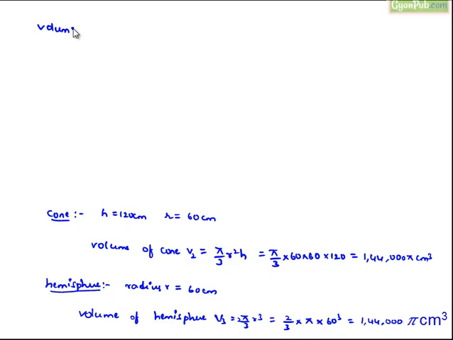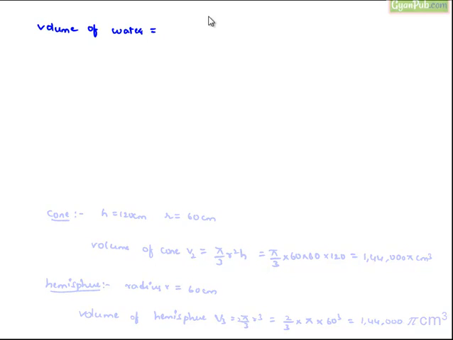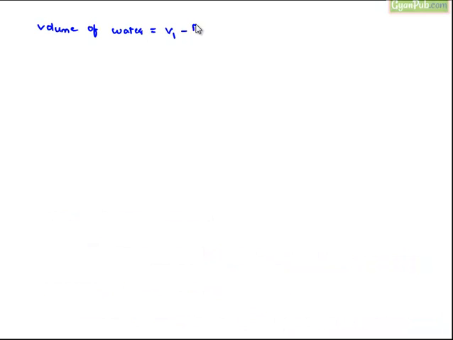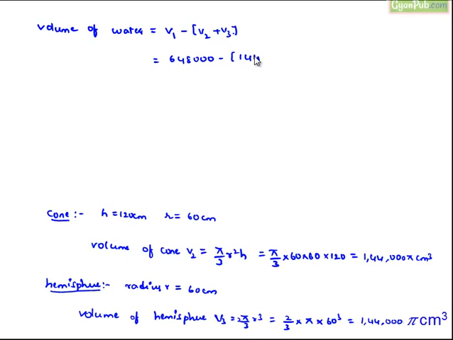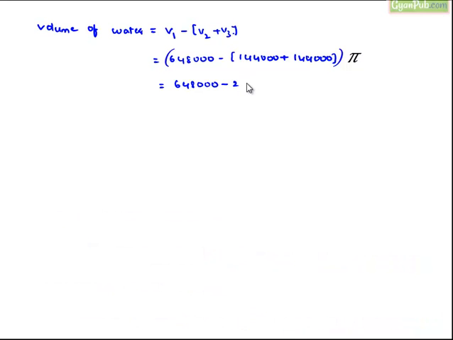Now we need to find the volume of water left in the cylinder, which is equal to the volume of right cylinder minus the total volume occupied by hemisphere plus cone, that is V1 minus (V2 plus V3), which is equal to 6,48,000 minus (1,44,000 plus 1,44,000).